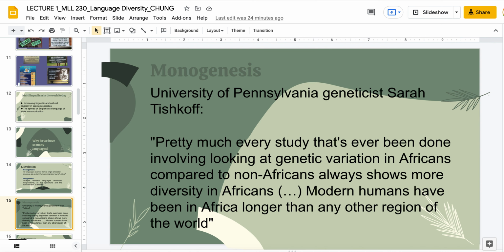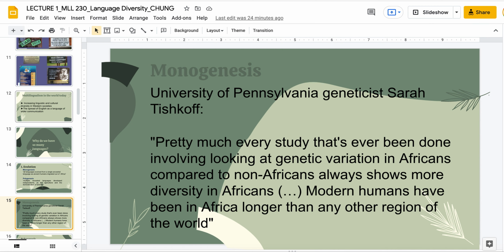But we're able to look at genetics, right? And the genetics really point to this monogenesis, or single ancestor, theory. So this geneticist from UPenn, Sarah Tishkoff, says pretty much every study that's ever been done looking at genetic variation in Africans compared to non-Africans always shows more diversity in Africans.